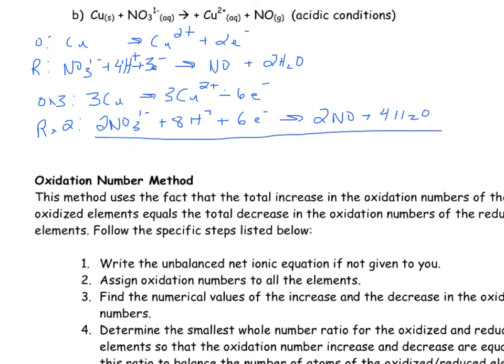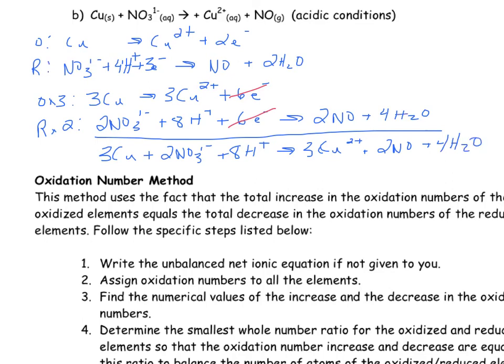Then I can add these half reactions together. My 6 electrons cancel each other out. Nothing else cancels. Let's double check to make sure I'm balanced.